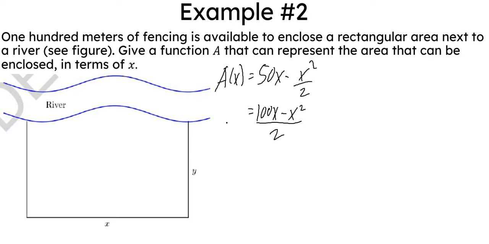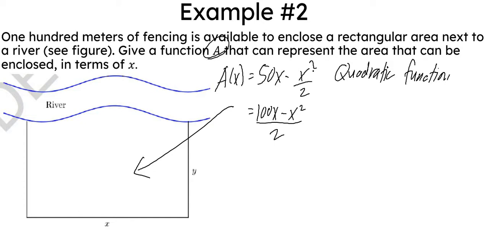From the last video, we were able to identify this function A as either this expression or this expression, which would represent this area here. And we have also identified that this function is actually a quadratic function, since its highest exponent is now 2.